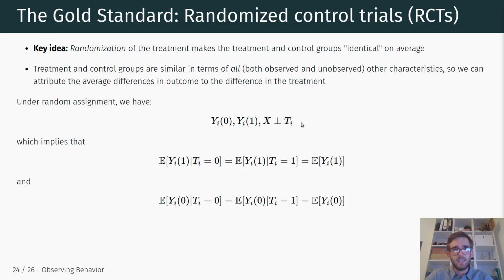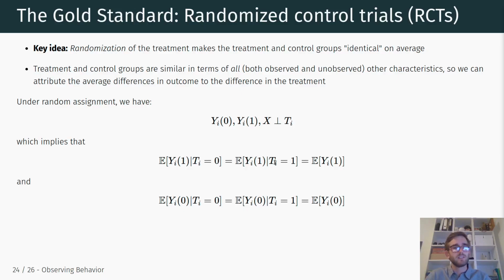And if that is the case, that means that the expectation of y in the treatment group, conditional on the observation actually being assigned to the control group, is exactly the same as the expectation of y in the treatment group, conditional on actually being assigned to the treatment group, right? You have to think about this in terms of potential outcomes, which are not necessarily observed.